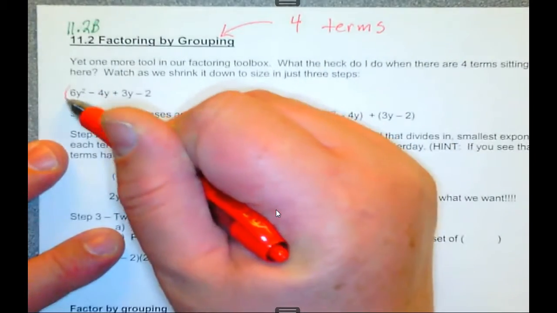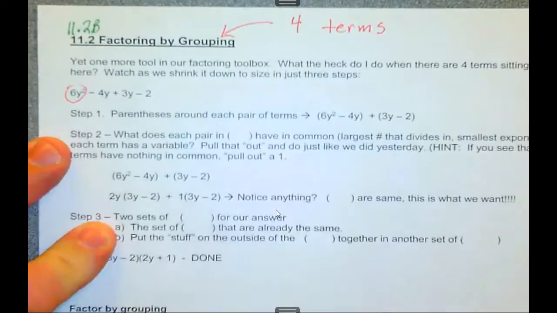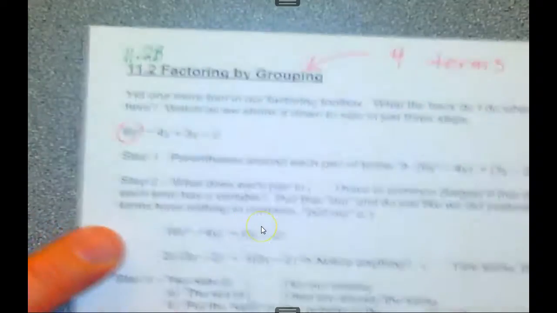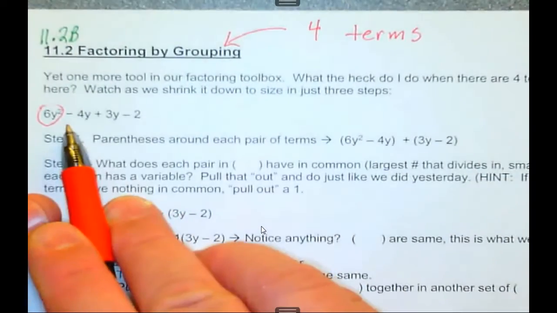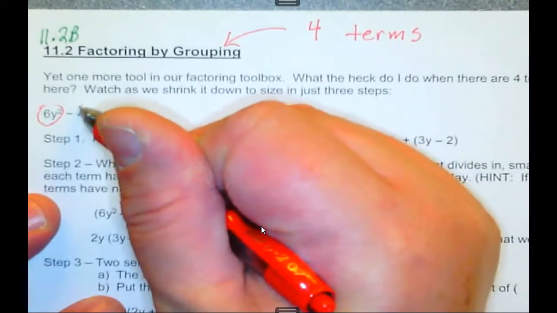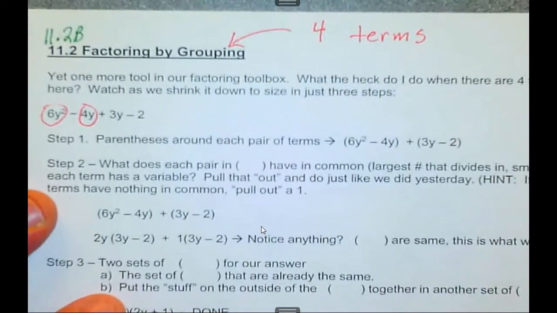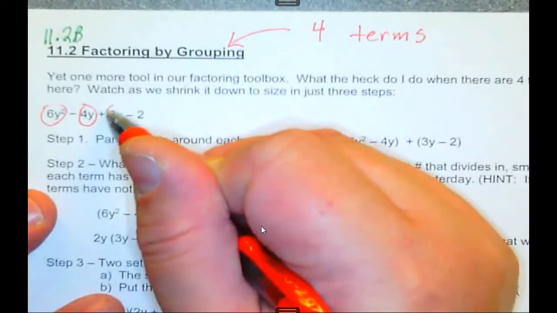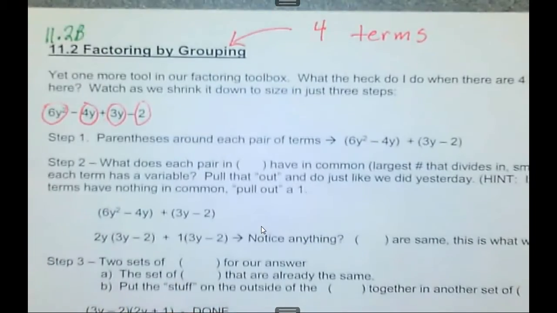So here's one term, and that one tells me it's a quadratic because it's squared. Then I have a minus sign, so this becomes another term. This is term 2. This is a plus sign, so here's term 3, and another minus sign, so here's term 4. You have to have 4 terms when you group.